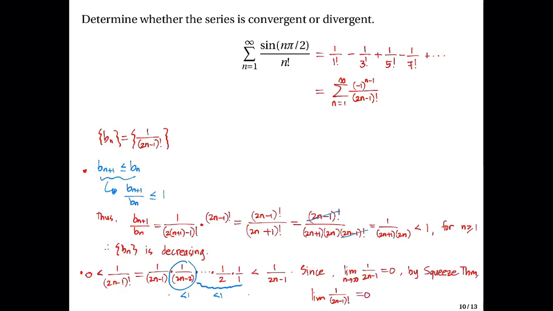Therefore, you conclude that this guy here is convergent. So this guy here is convergent, and therefore, this guy here is convergent. Okay?